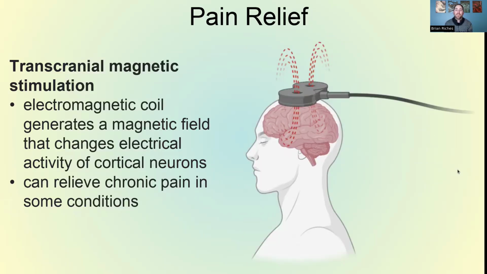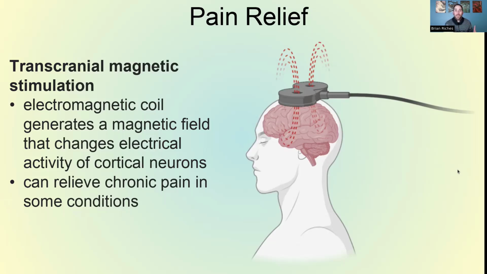So another one that is more common because it's less invasive is transcranial magnetic stimulation. So this is used in a couple different disorders as well. But essentially, you have a big electromagnetic coil, generates a magnetic field, and it changes the electrical activity of neurons in a specific area of the brain. You can kind of target it to a pretty specific area of the brain. It's not like super targeted, but it's targeted enough.